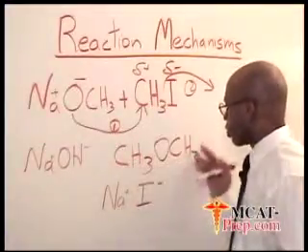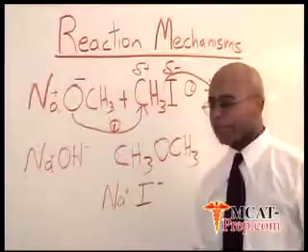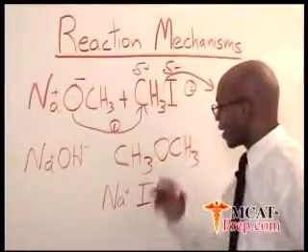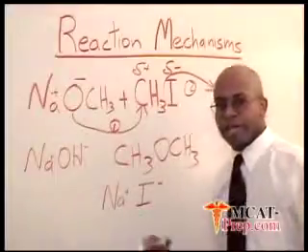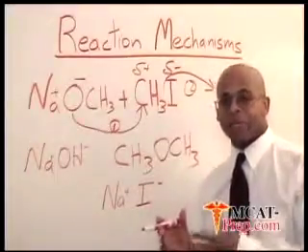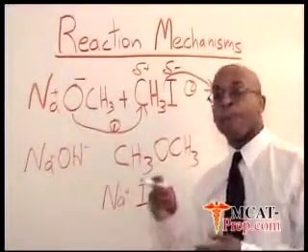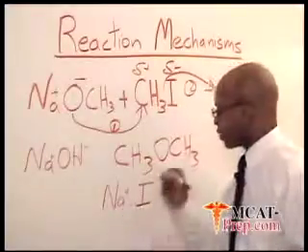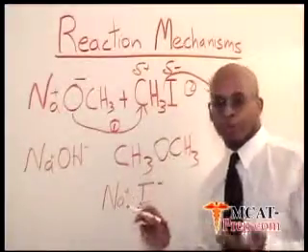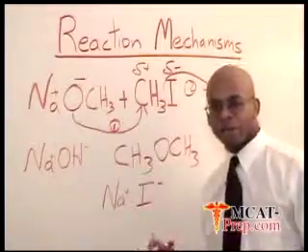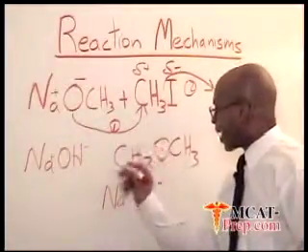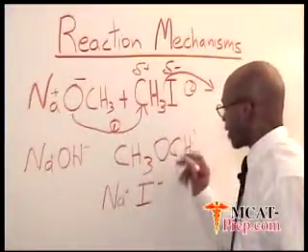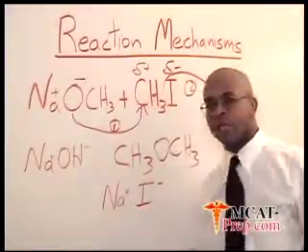So let's look at our organic product and name it. An alkyl group is an alkane, meaning a hydrocarbon, minus 1 hydrogen. So this is not CH4, which would be methane. It's CH3, so it's methyl. In general, we call these alkyl groups. So an alkyl group on one side, an alkyl group on the other, oxygen in the middle.